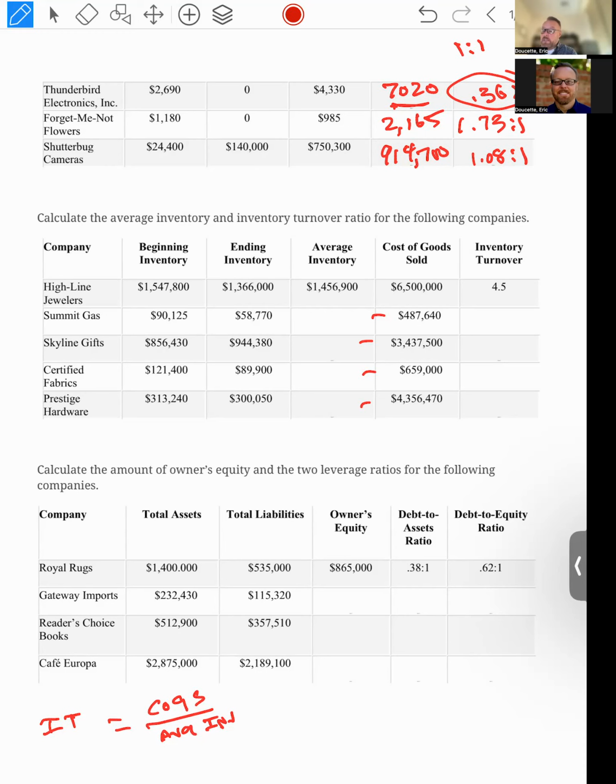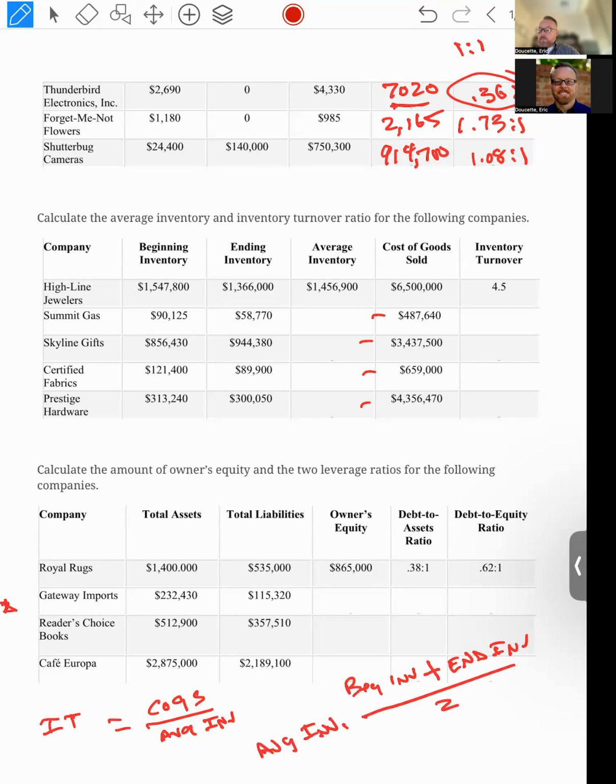Okay, sorry, your beginning inventory plus your ending inventory divided by 2 is your average inventory.